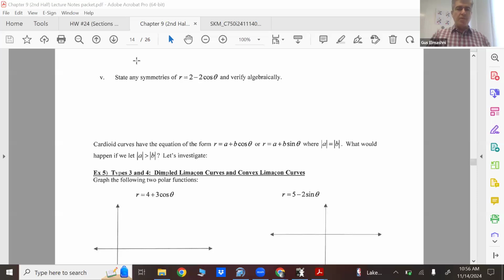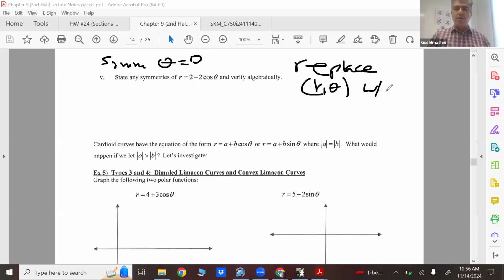So this is symmetric about the polar axis, so all I'm going to do is replace r comma theta with either r comma negative theta, or negative r comma pi minus theta.